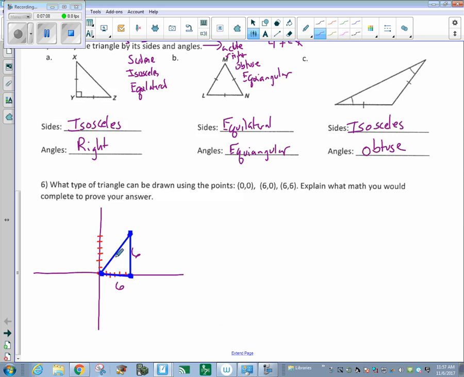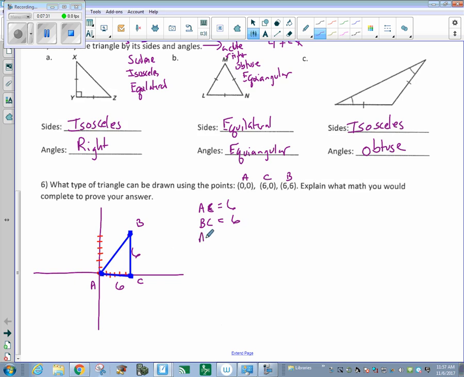If I want to find the length of this side to prove that it is not 6, which is probably what I should do, I'm going to label these A, B, and C. So up here, this guy was A, this guy is B, and that one is C. So AC, just by counting, is 6. BC, by counting, was 6.